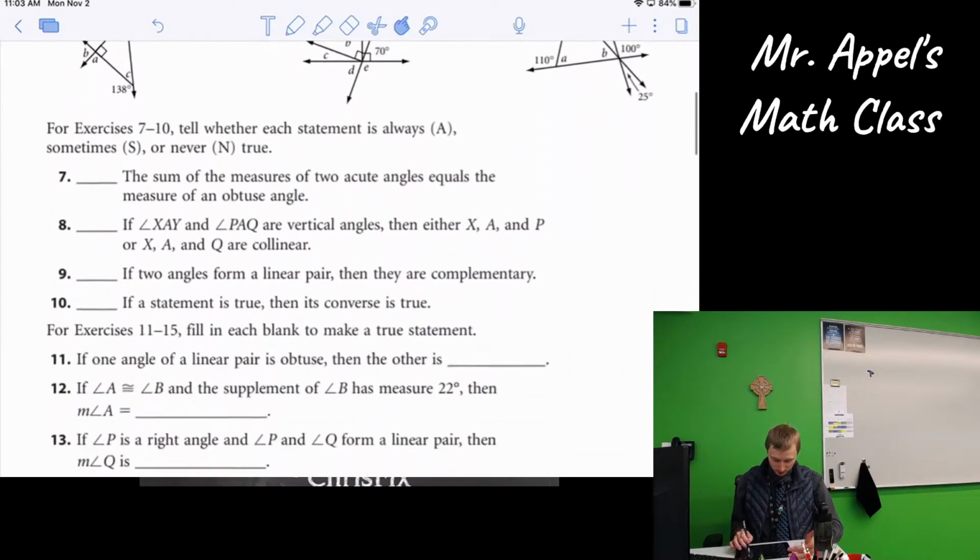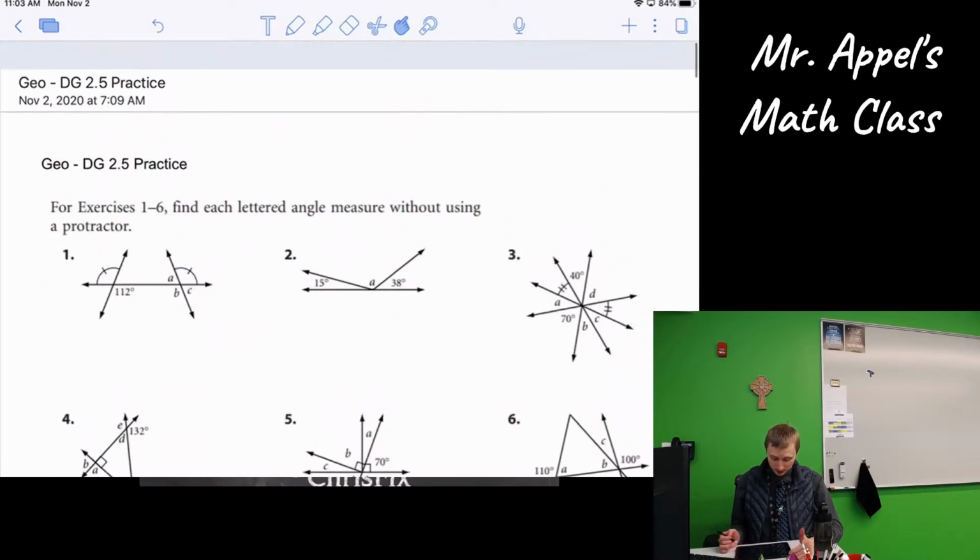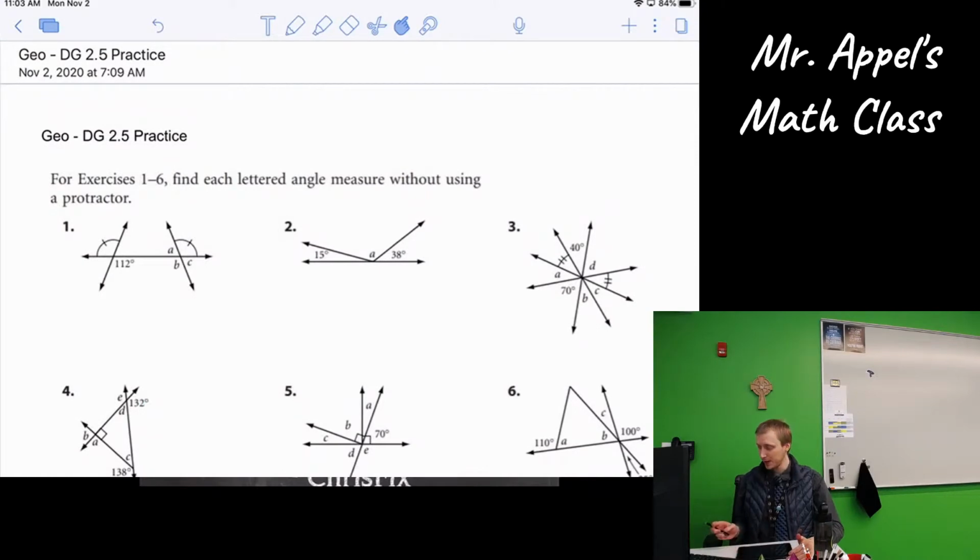It looks like problems 1 through 15 here on the section 2.5 practice. And then, as already stated, tomorrow we'll do the 2.6 practice, which incorporates those parallel lines that the SAT absolutely loves. There is always at least one question with parallel lines and angles in the middle.